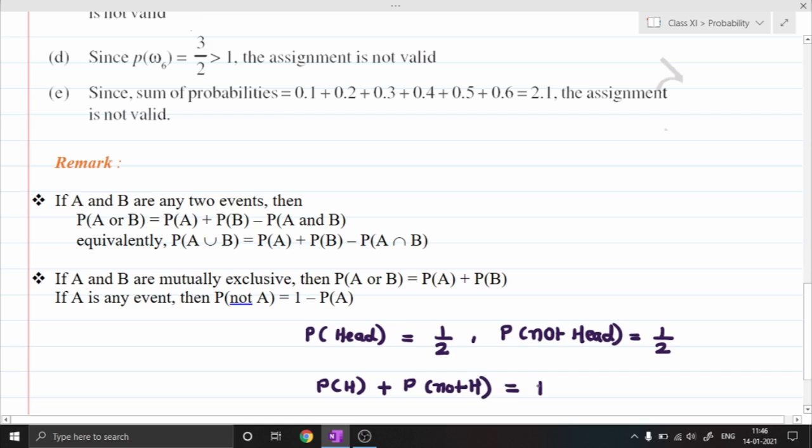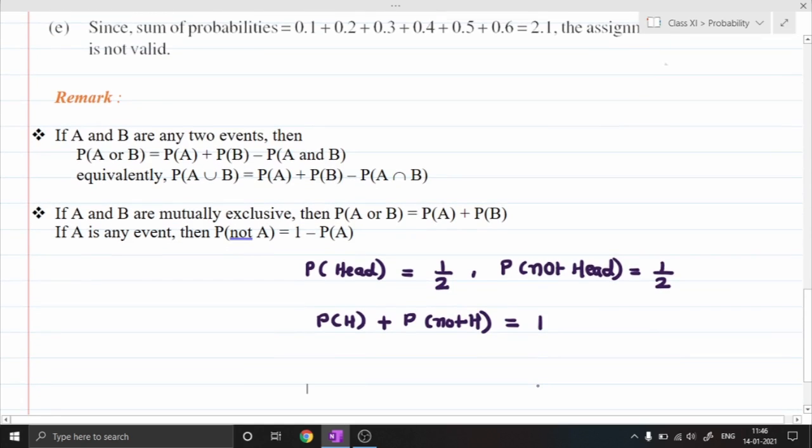Okay, so in the same way we can develop the general formula: P(A) plus P(not A) will be equal to 1. So if I want to find out the possibility of not coming head, it will be equal to 1 minus the possibility of head. So similarly, observe P(not A) will be equal to 1 minus P(A).